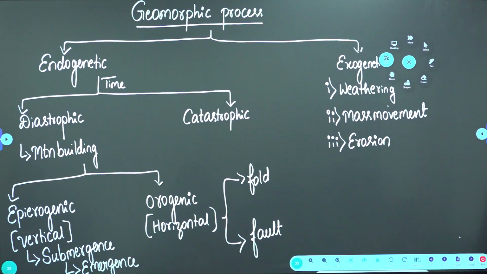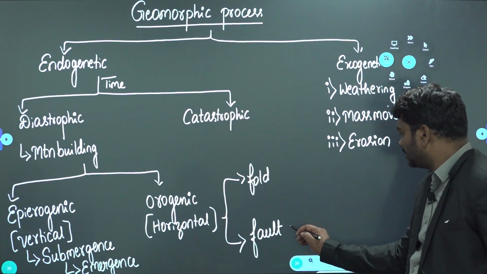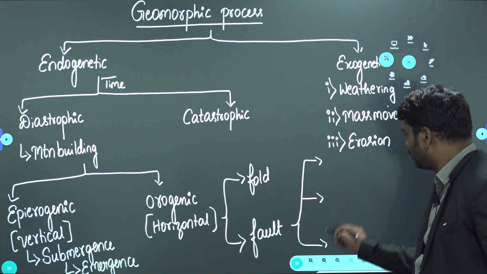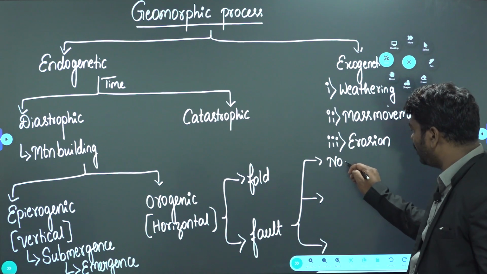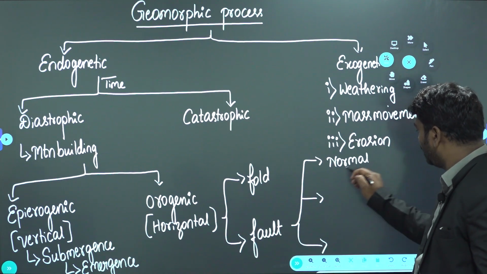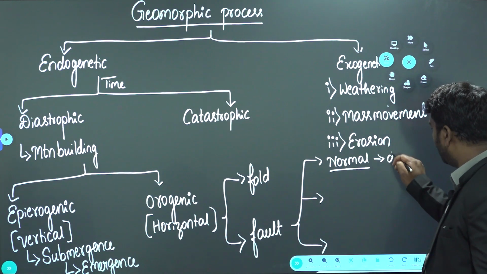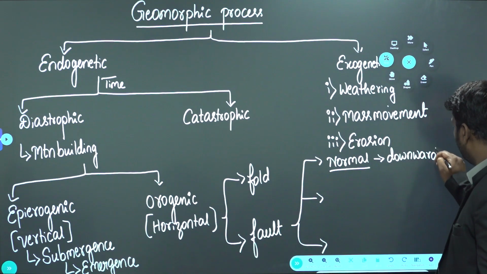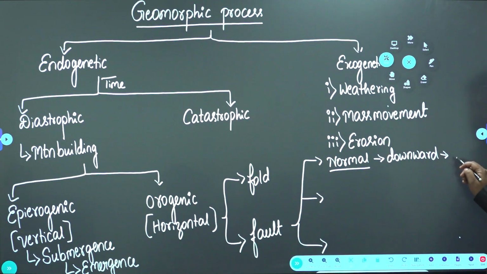Fine. So, is fault. I have normal fault. What is normal fault? Downward movement. And this is observed in divergent boundary. Rift Valley is an example.